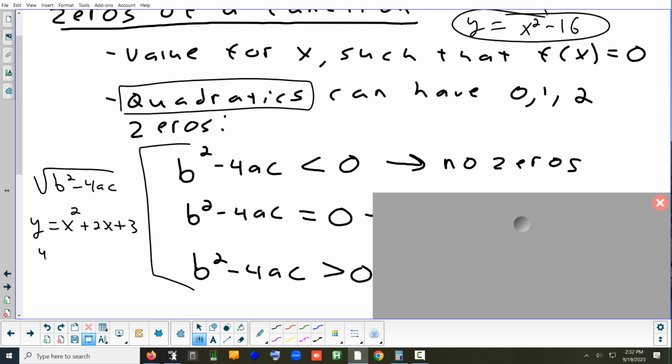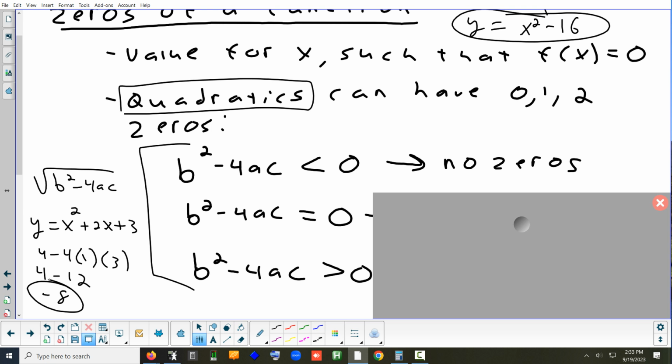And if you square it, you get 4. Minus 4, what's a? 1. And what's c? 3. 4 times 1 times 3 is 12. What's 4 minus 12? Negative 8. So I don't know what the roots are.